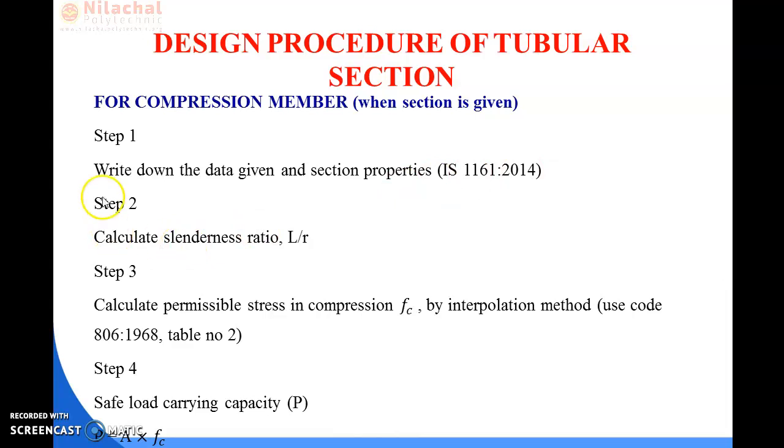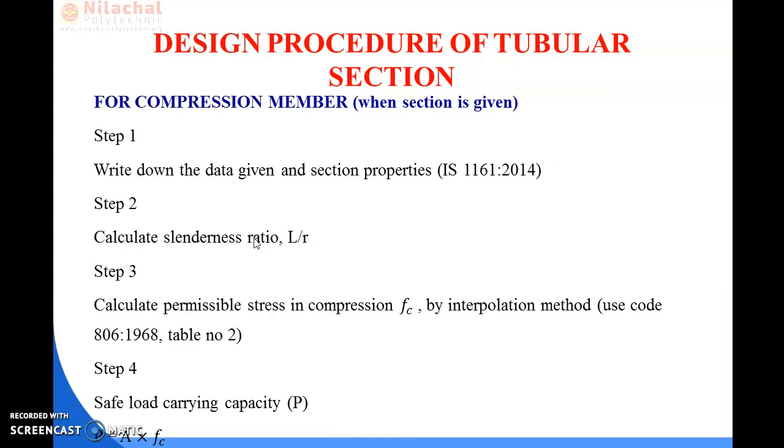Then in step 2 we need to calculate the slenderness ratio, which is equal to the ratio of effective length to the radius of gyration. The radius of gyration value you can find from the section properties, that is from the code IS 1161:2014. And as per the end condition we can find the effective length of the compression member.